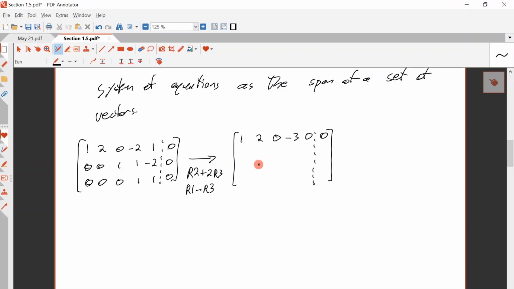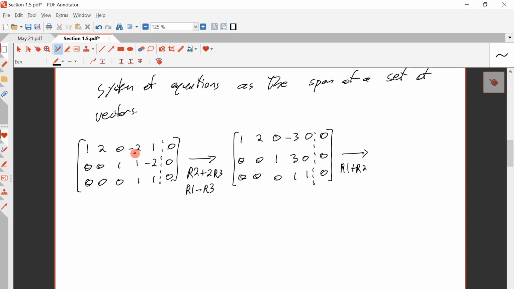And it stays homogeneous whenever you do your row operations. Adding twice to this row, you're going to have 0, 0, 1, and then 3, 0. Then 0, 0, 0, 1, 1, 0. And now add row 2 to row 1 to zero out.